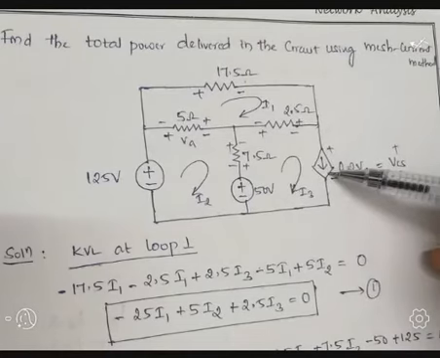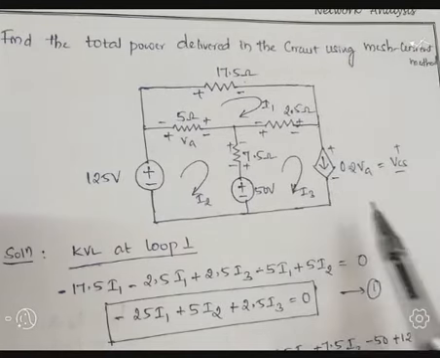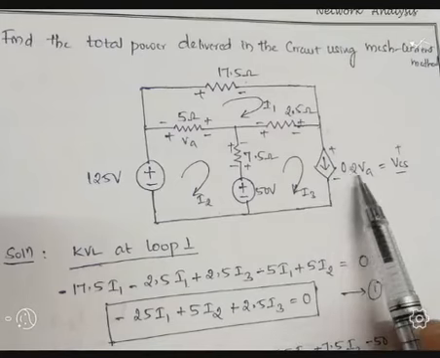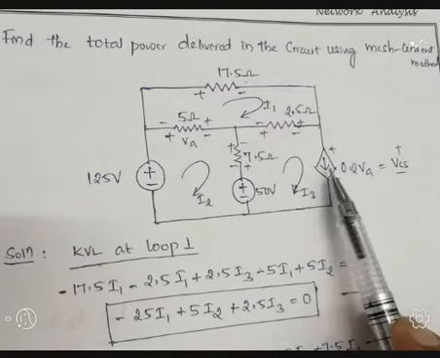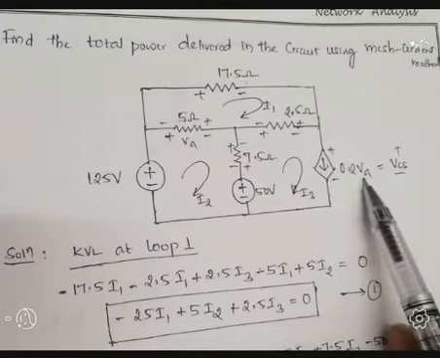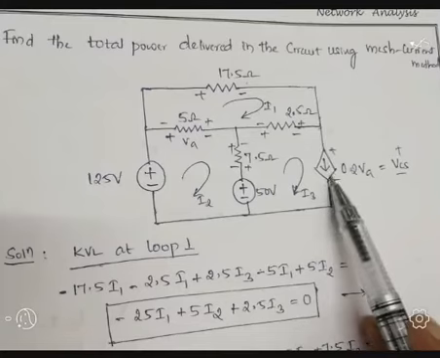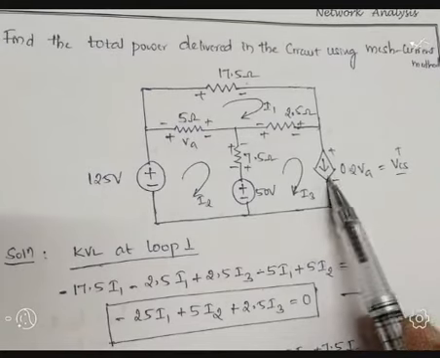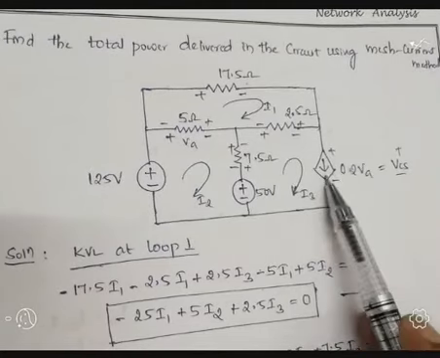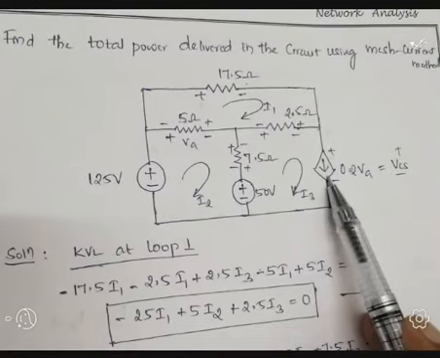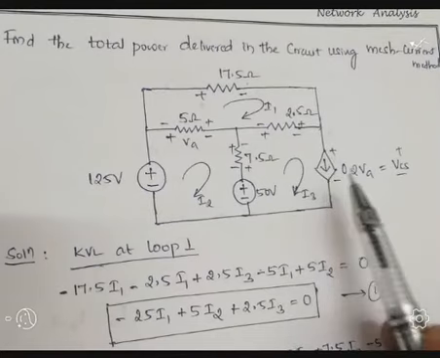Observe the value here, 0.2 VA. So it is a dependent current source that depends on the value of VA. It is a voltage dependent current source.